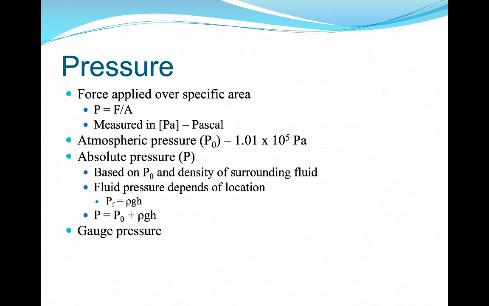But here's the interesting thing. If you have a flat tire, the reason it's flat is because the air has leaked out of it until it's reached equilibrium. But the equilibrium it's reaching is with the atmospheric pressure.